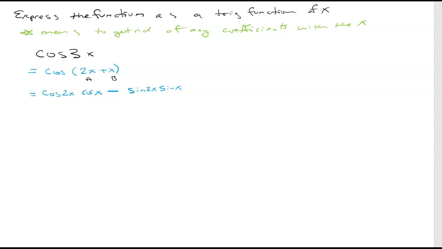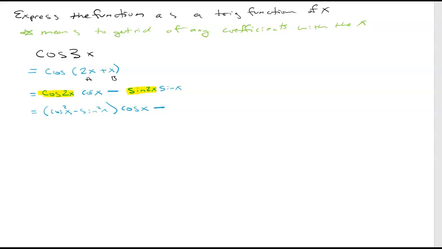So the question is, have we gotten rid of all of our coefficients? And the answer is no. We still have this guy to get rid of, and we still have this guy to get rid of. Okay? So let's continue. I'm going to replace the double angle of cosine with cosine squared of x minus sine squared of x. And I'm not replacing the other cosine x, that stays by itself.